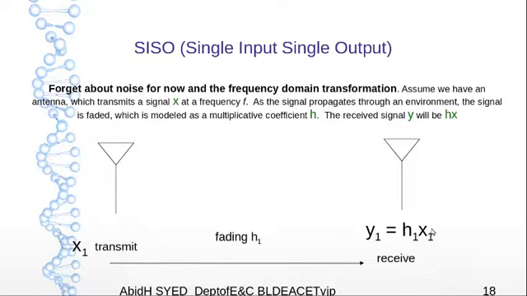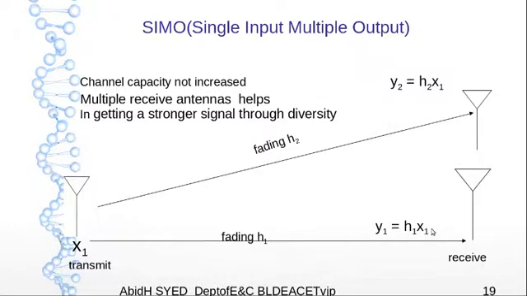In the case of single input multiple output, the bandwidth of the channel remains the same, but you are transmitting one signal which is being received by two receiving antennas. Say the output of one antenna is H1 into X1, whereas the output of the other antenna is H2 into X1, because the same signal is differentially faded.